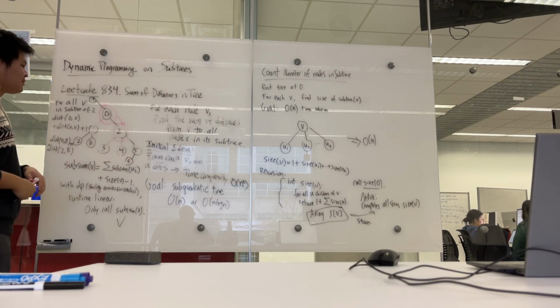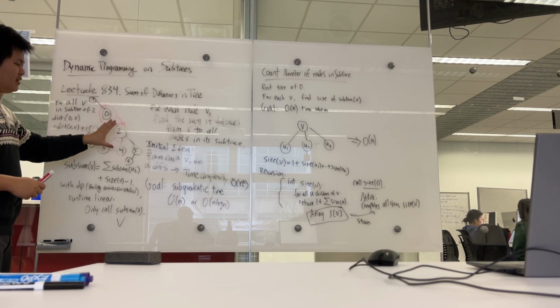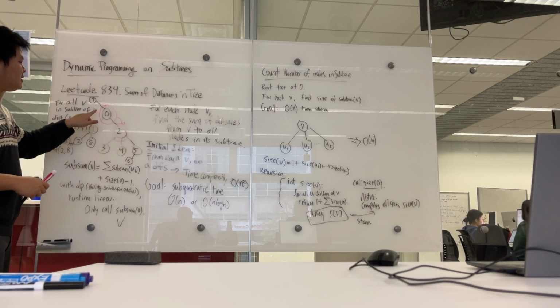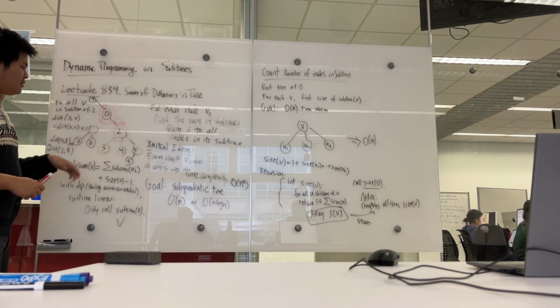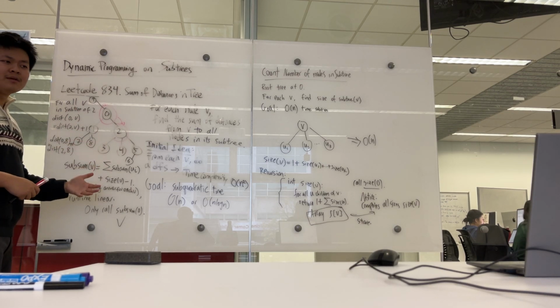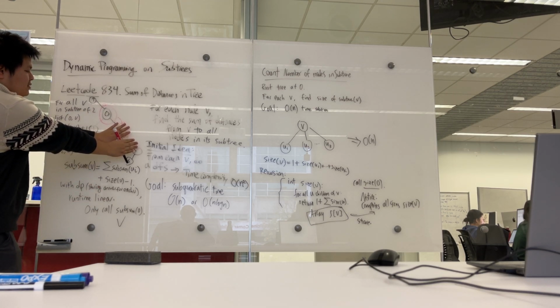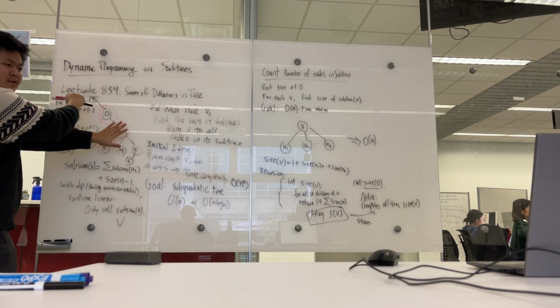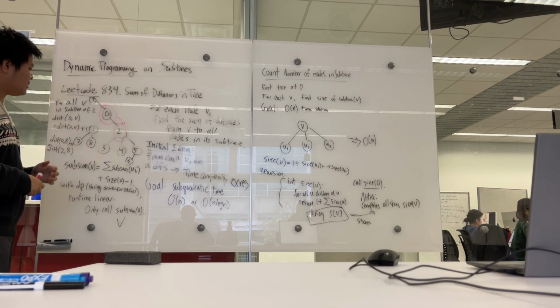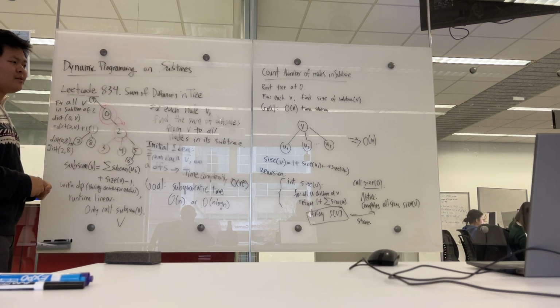Yes, exactly. So we see that for all nodes in the subtree of 2, when you move from 0 to 2, the distance to that node decreases by 1. And for all nodes not in the subtree of 2, everything over here, the distance to that node increases by 1.